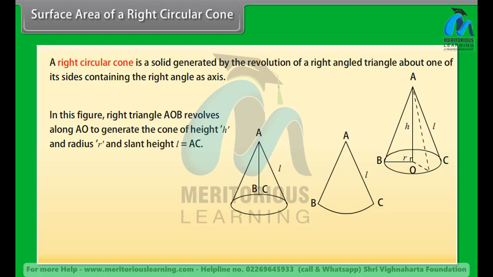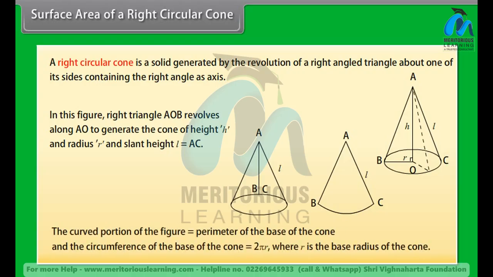To find the total surface area of a cone, let us cut it along its slant height and spread it into a sector ABC. The curved portion of the figure is equal to the perimeter of the base of the cone, and the circumference of the base of the cone is equal to 2πr, where r is the base radius of the cone.